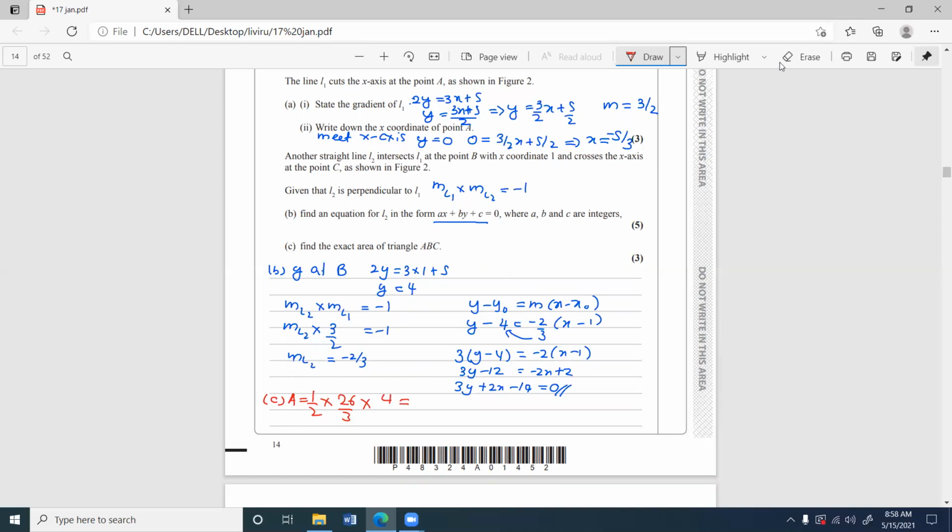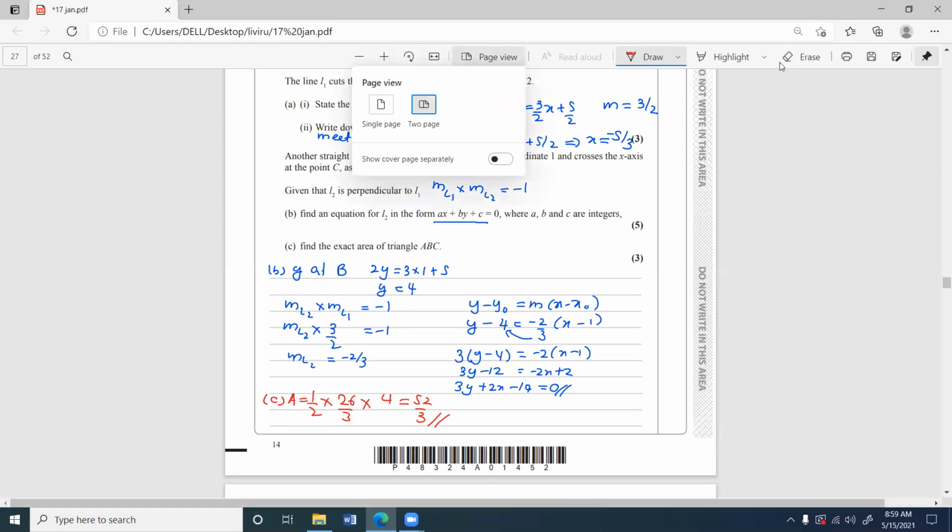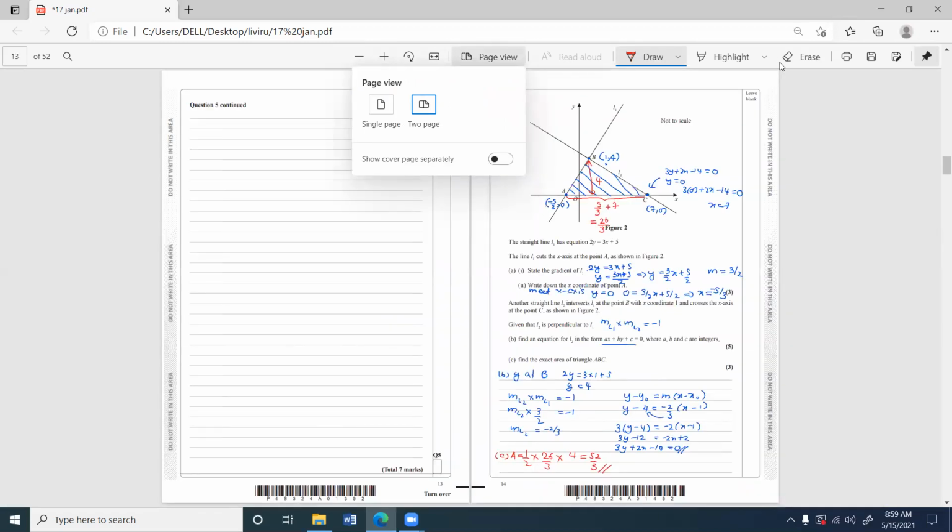Then 26 times 4 divided by 6 gives 52 over 3. So the area becomes 52 over 3 square units. You don't need to mark any units here, so just 52 over 3 would be enough.